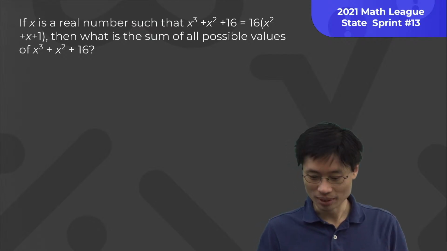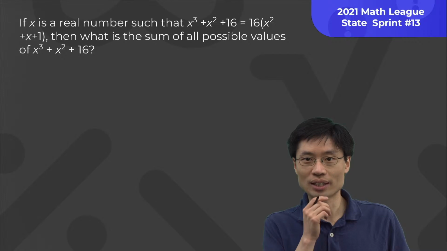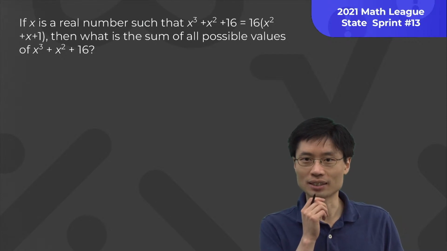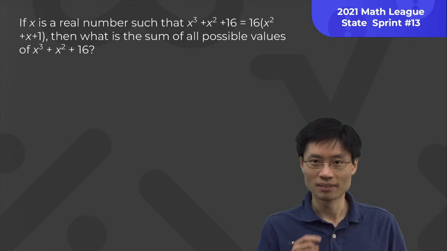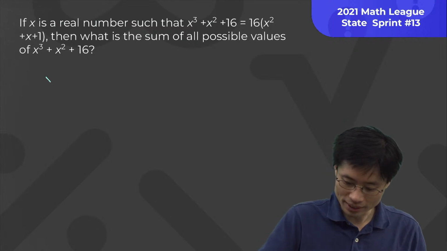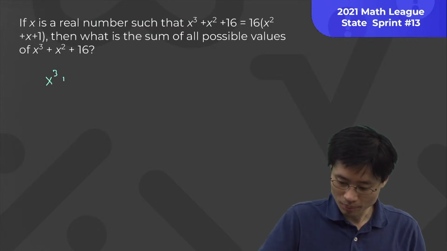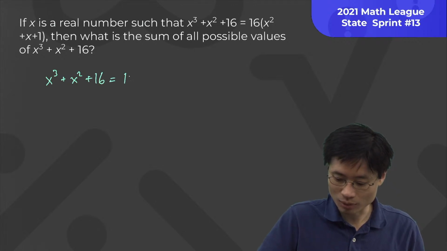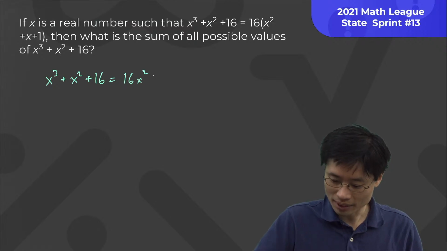We'll find out soon. So I have an equation. Let me start by looking at the equation and seeing if there's anything to simplify in it. X cubed plus x squared plus 16 is equal to, I'm rewriting it in one row, so hopefully I can see some patterns. Also, I'm expanding it out. 16x squared plus 16x plus 16.